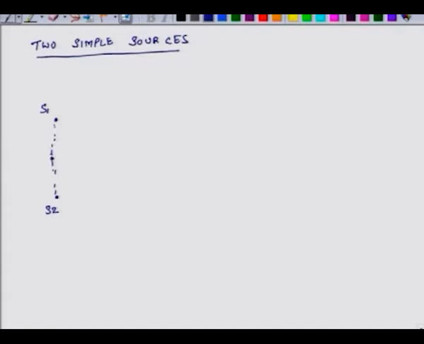So, this is the midpoint, which is not a source, it is just a point of reference. The distance between this midpoint and S1 is d over 2, and the distance between the midpoint and S2 is again d over 2.